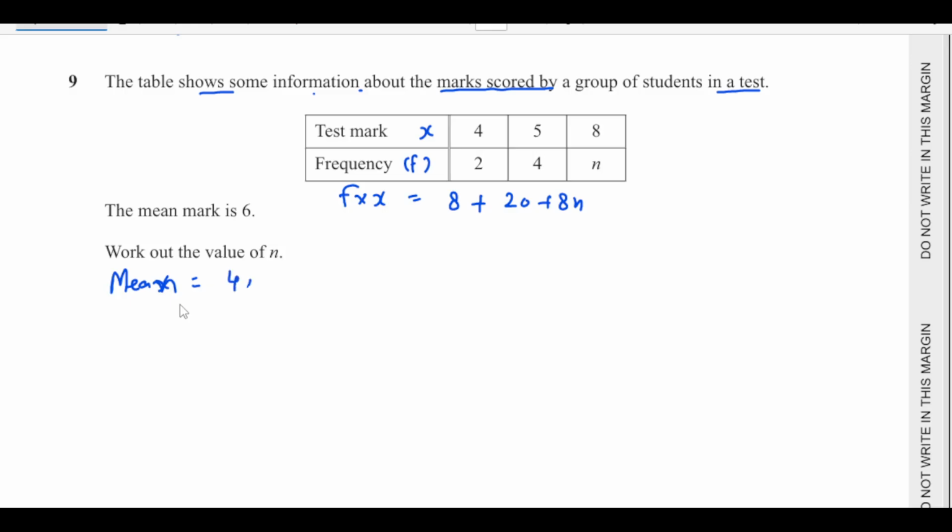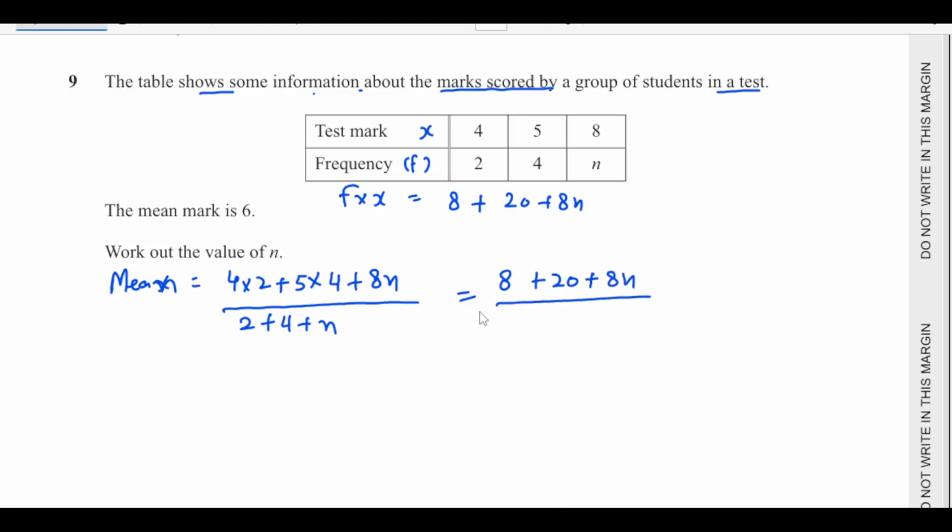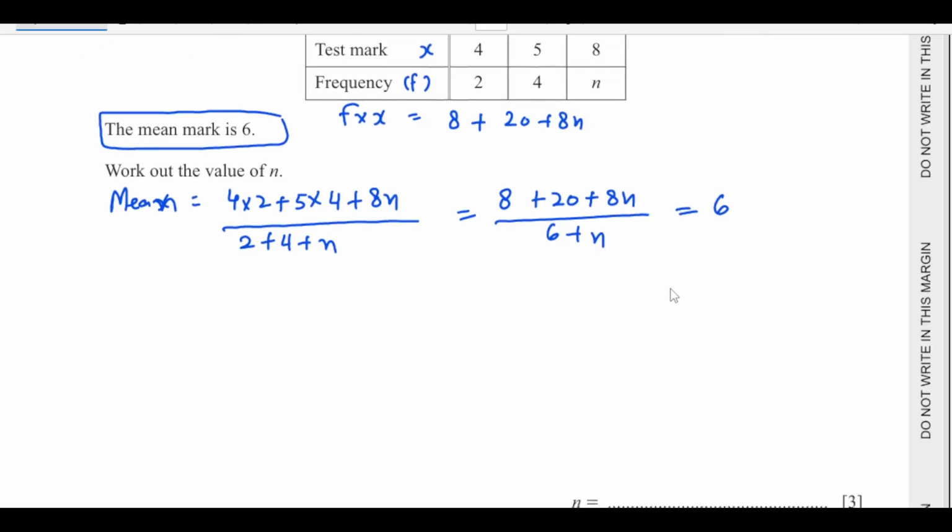So, it is 4 times 2 plus 5 times 4 plus 8n over total of the frequencies. We are not given how many there are, we will just add them, 2 plus 4 plus n. Okay. So, now this is 8 plus 20 plus 8n over 6 plus n. We are given that the mean mark is 6, so this is equal to 6. Now, we will just simplify this.